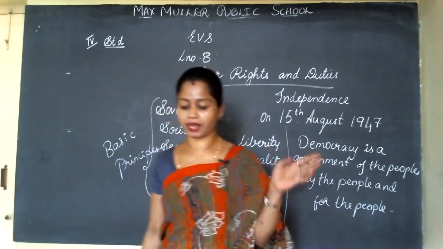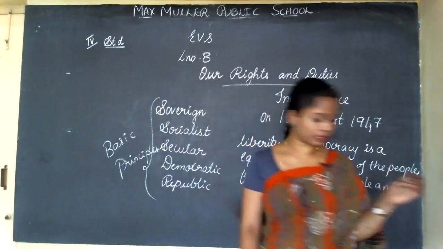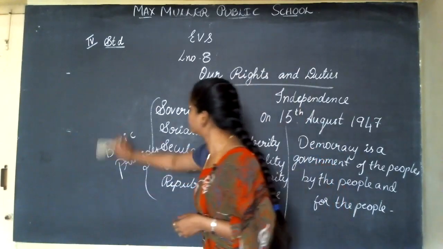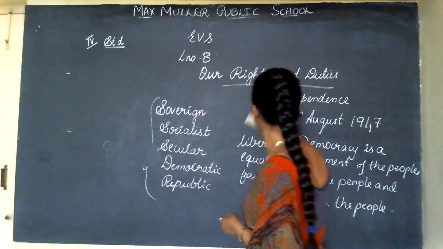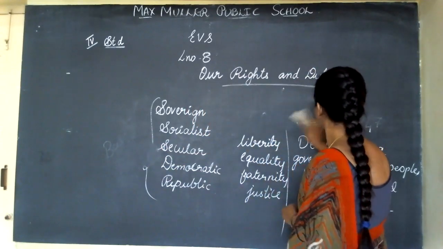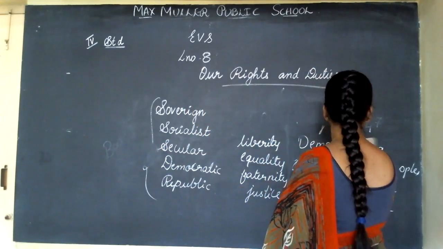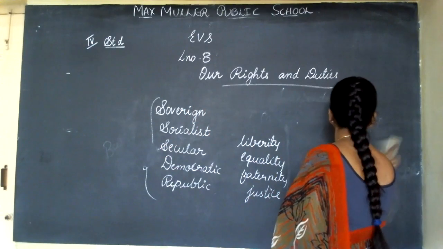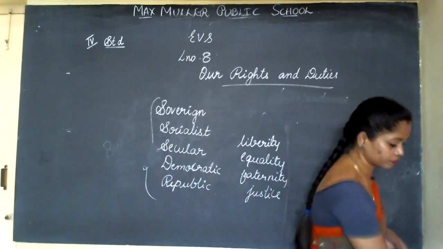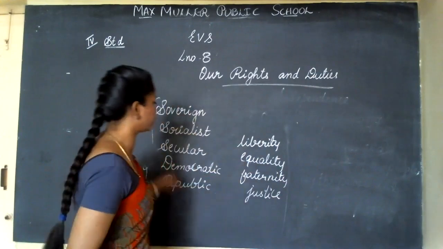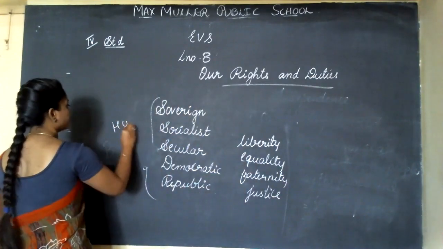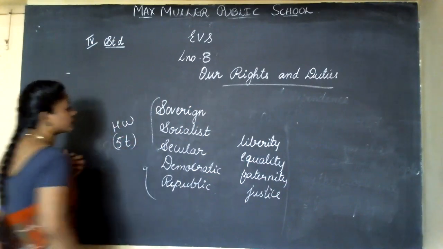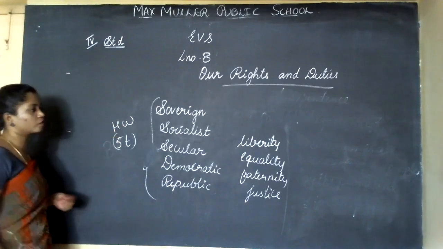This is what we have learned, and today you have some hard words. Homework: copy down these words in your rough notebook and write each five times.